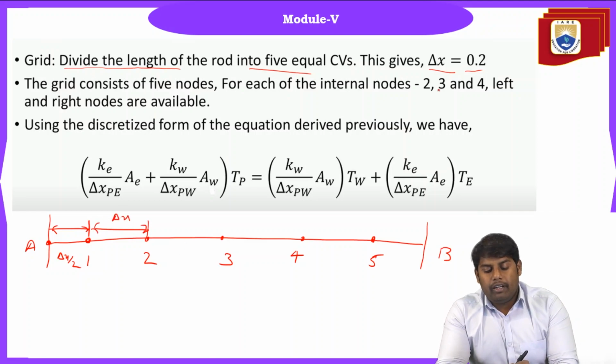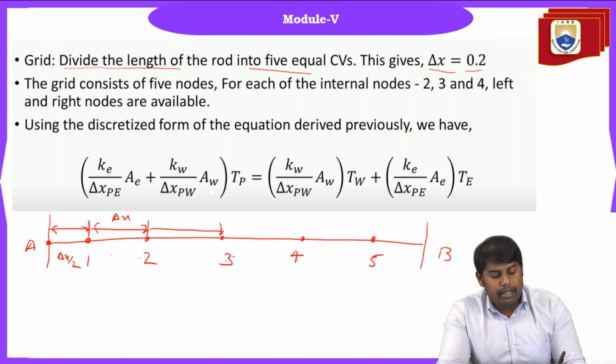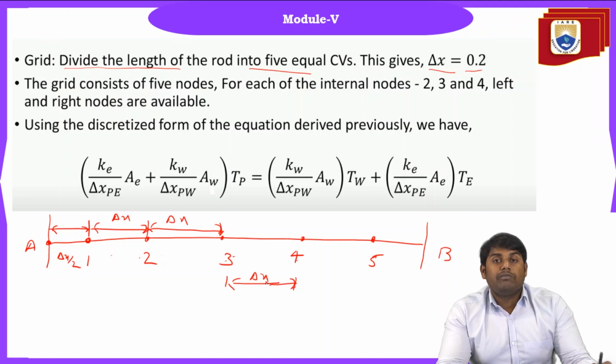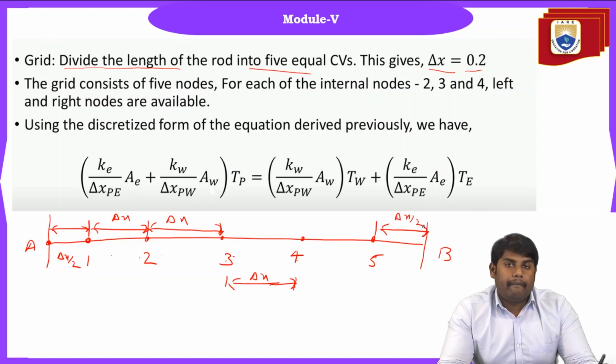So between 1 and 2, 2 and 3, 3 and 4, 4 and 5, we have the spacing as delta x. And similarly at the end, here we have delta x by 2. Fine. So this is the difference.